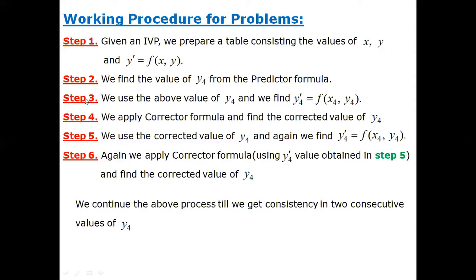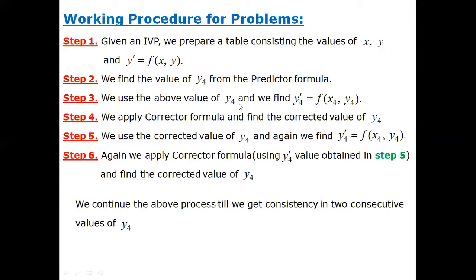Now step 3: we use the predicted value y4 that we got here, and we find the value of y4 dash using the given relation, y4 dash equals f of x4 comma y4. Step 4: we apply the corrector formula and find the corrected value y4 power c.